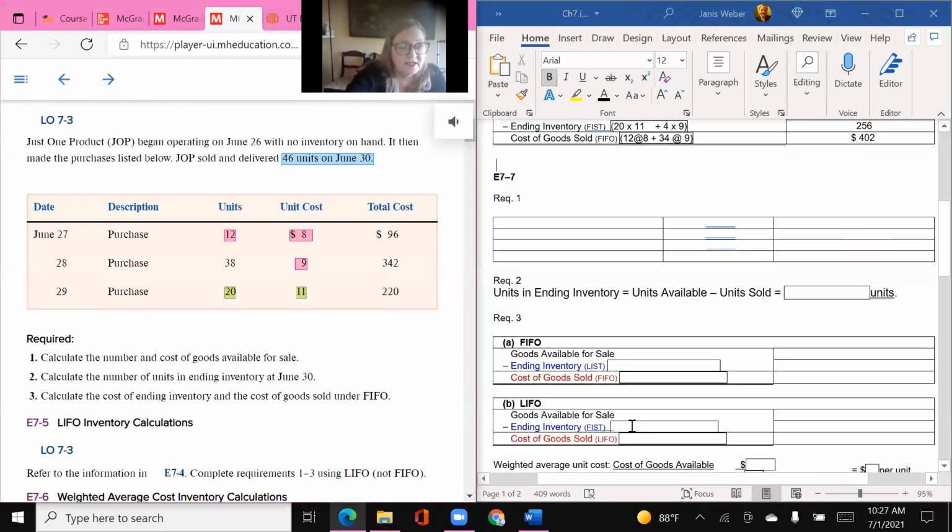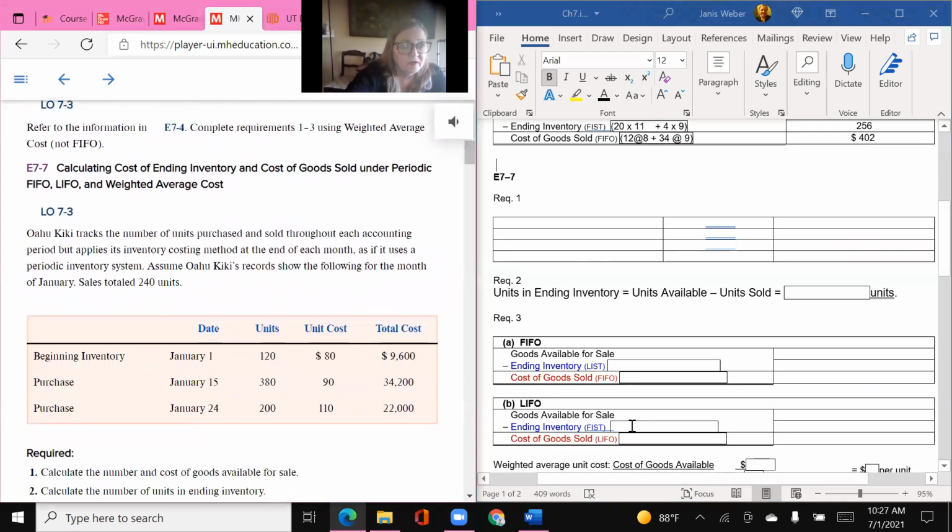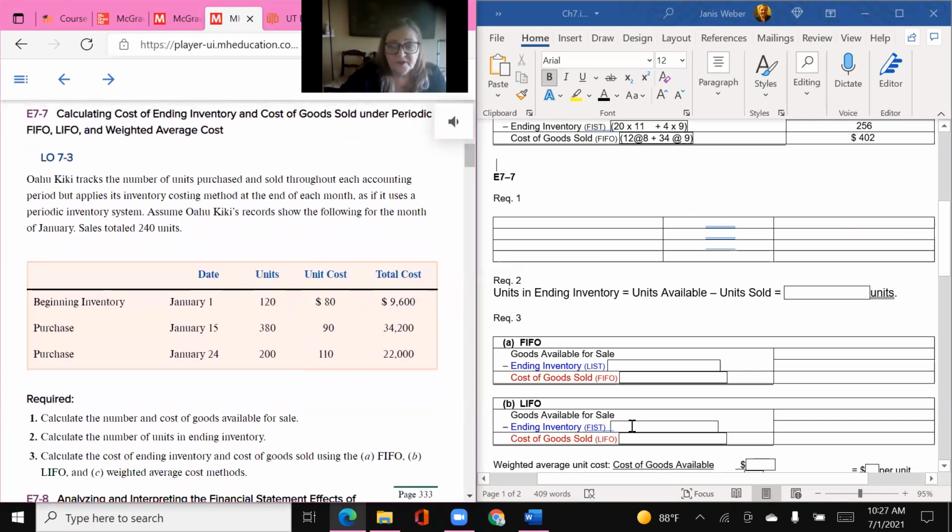Now let's go to the next one, E77. This one's doing very similar kind of process. This one says the company tracks the number of units purchased and sold throughout each accounting period, but applies the inventory costing method at the end of each month as if using a periodic inventory system. And so they show us what happened in January.